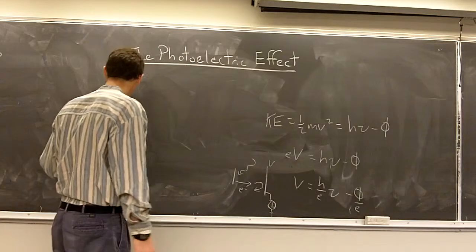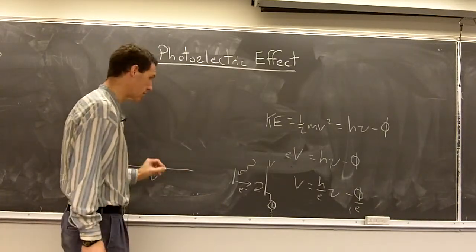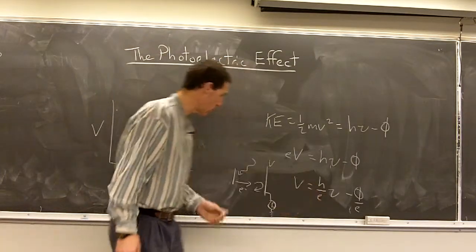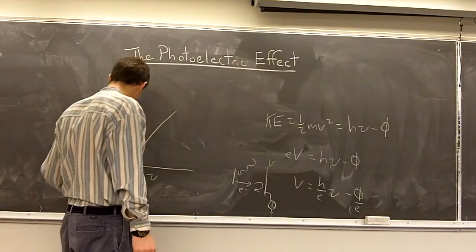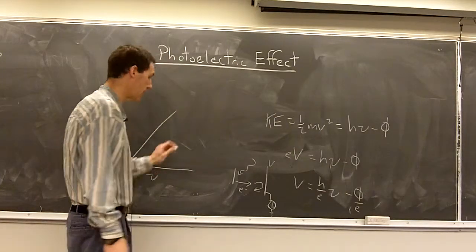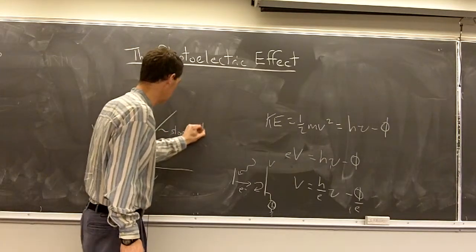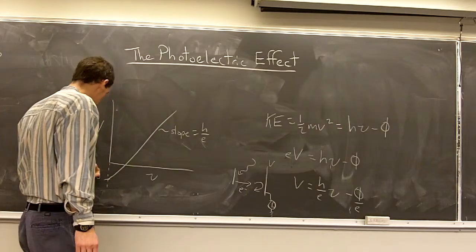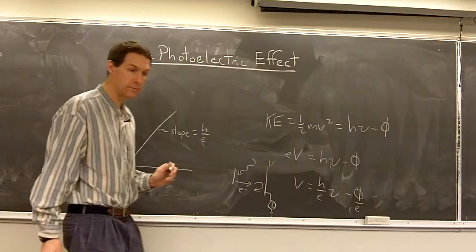So this suggests that a graph of stopping voltage versus frequency should have a line whose slope is Planck's constant divided by the charge on the electron, and then the intercept is minus the work function divided by the charge on the electron.